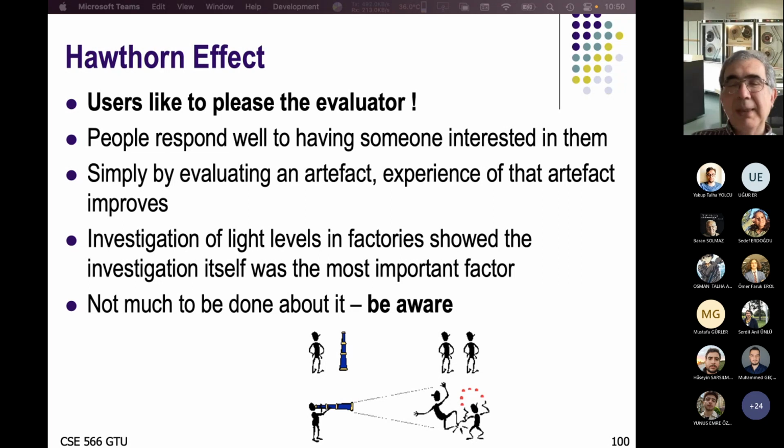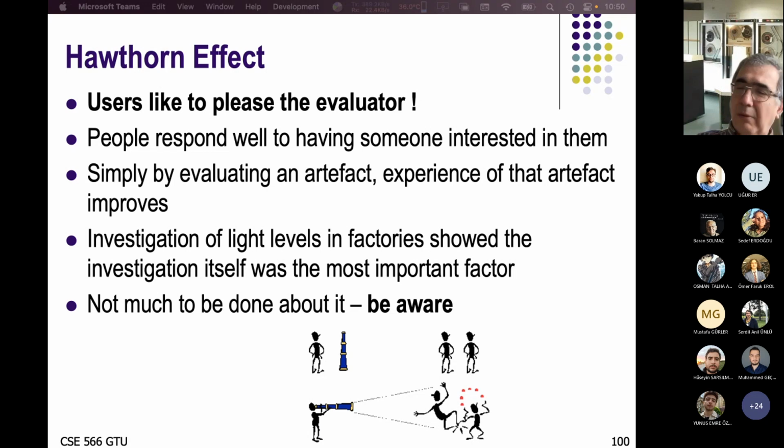Apparently, workers liked the experiment, people measuring things and coming and going. Then their performance increased. Whatever technique is used, it always increased because it is the experiment itself, not the technique, was improving the performance.